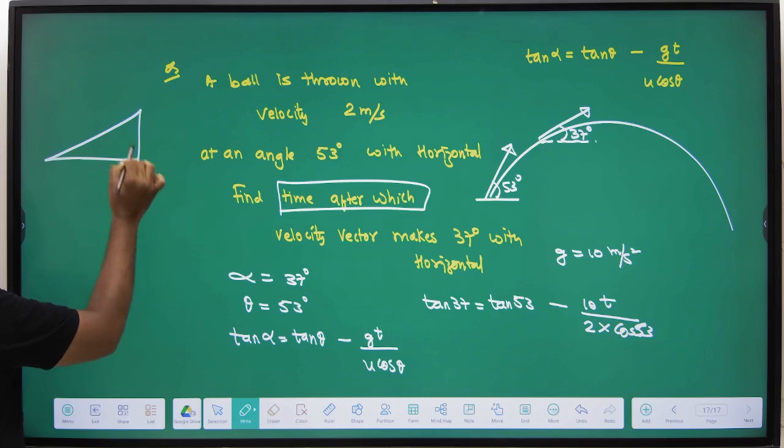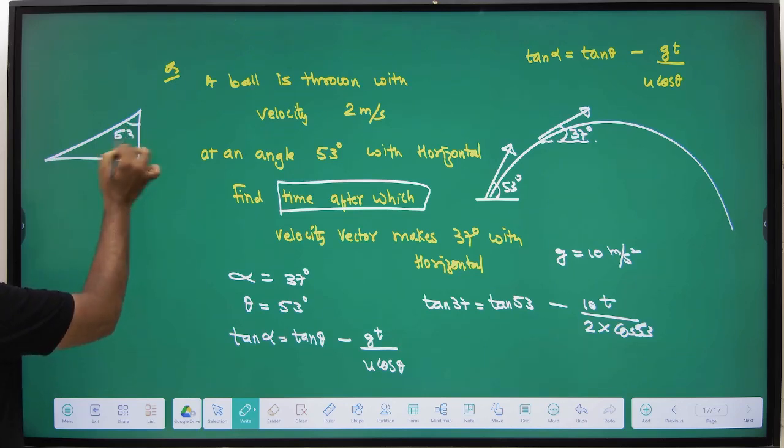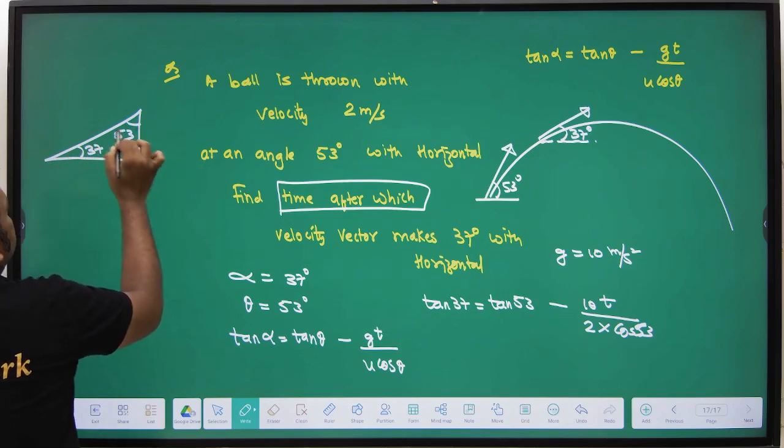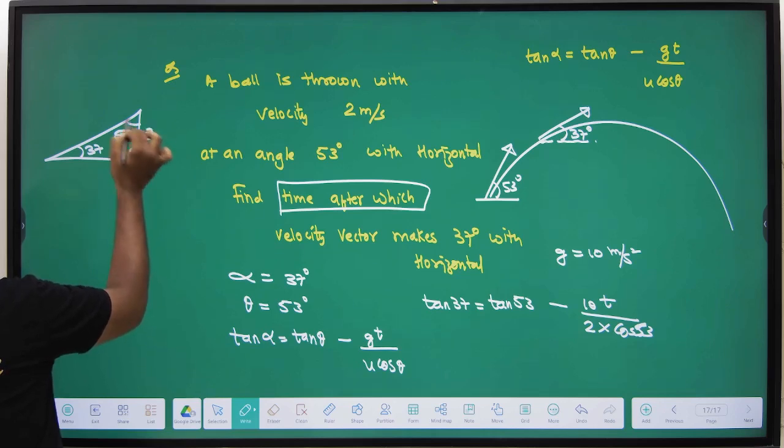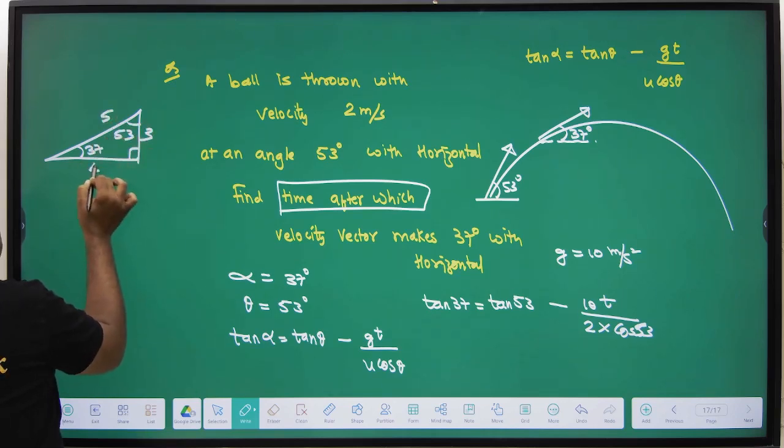We can recall how to find these values. If we have a right angled triangle like this, with sides 5 and 3, the side opposite to 53 is 4.